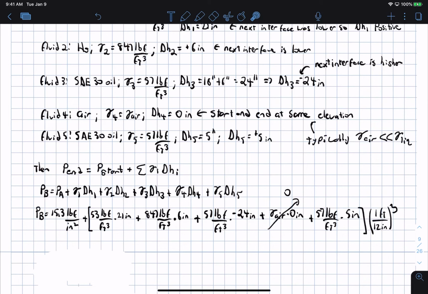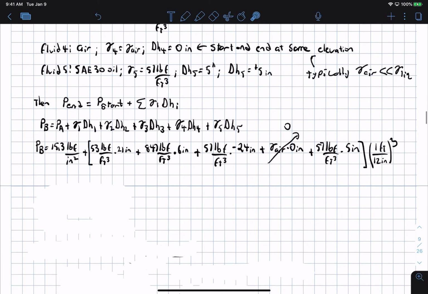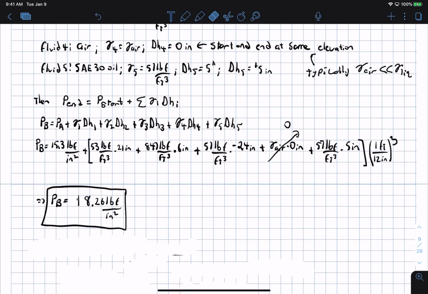And so I can punch the numbers into the calculator, and I wind up that PB is 18.13 pounds-force per inch squared. Okay, and so that's basically how you do it. So after you get the hang of it, these are actually pretty straightforward problems. You just have to do it a few times.